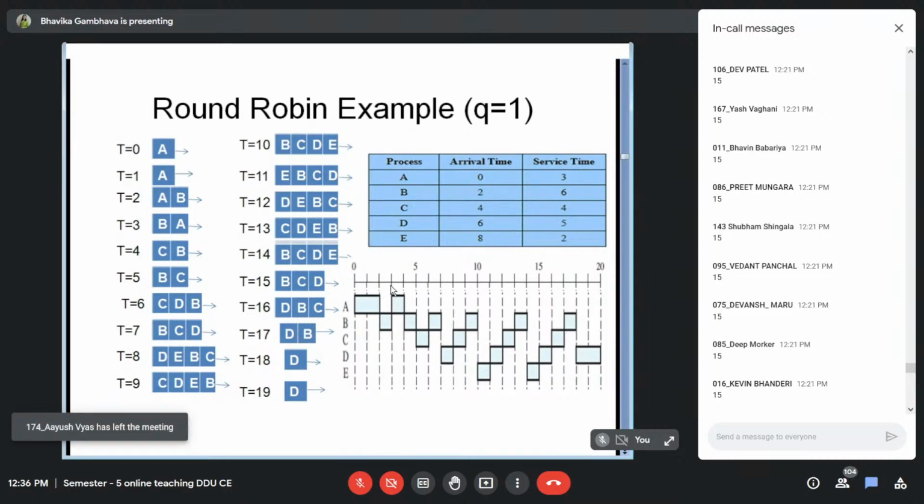So at T equal to 3, A is executed and B is in the queue. Now at 4, B is already in the queue. A gets over at 4. And when C arrives at 4, it will naturally be after B. Are you getting that? See, 4th time slot is different and time equal to 4 is different.